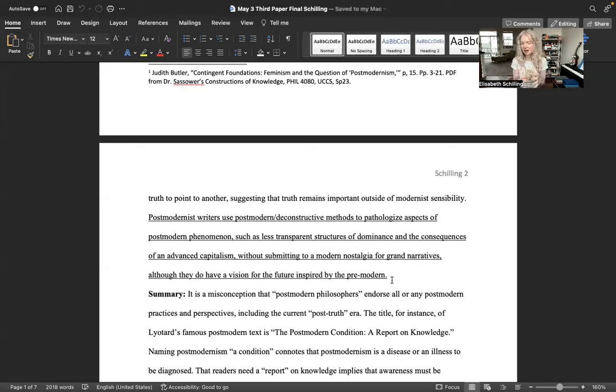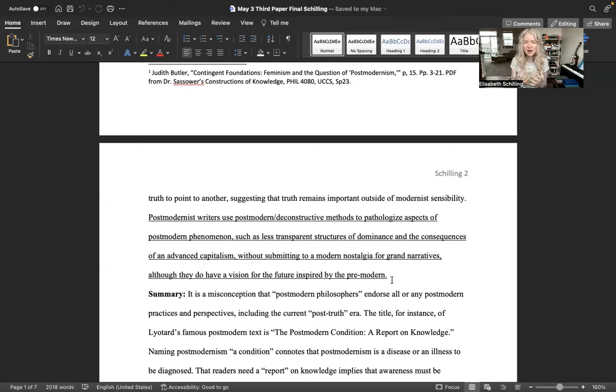So it's kind of a paradox in a way, because postmodern writers, like if you think about Lyotard's The Postmodern Condition, which I'll talk about because that was one of the texts that I spoke about in this essay. The title is The Postmodern Condition.